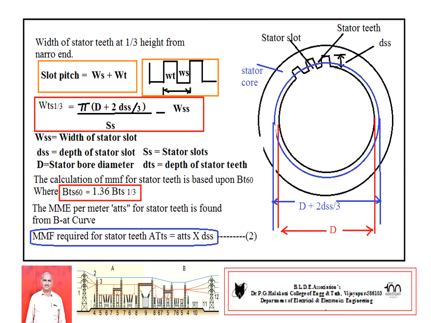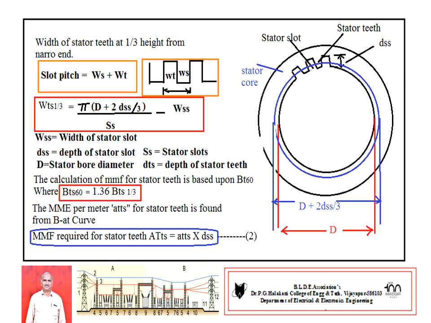How much does it become? D is the diameter of stator bore. DSS is the depth of stator slot. So on one side its depth is DSS by 3. It becomes two sides. Hence D plus 2 times DSS by 3. That diameter we have to consider.